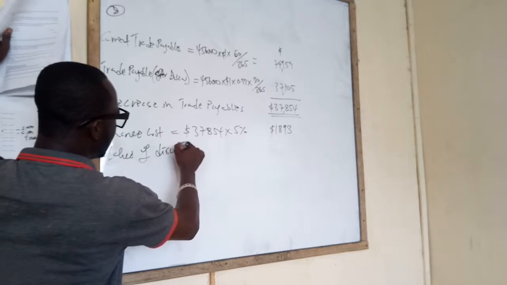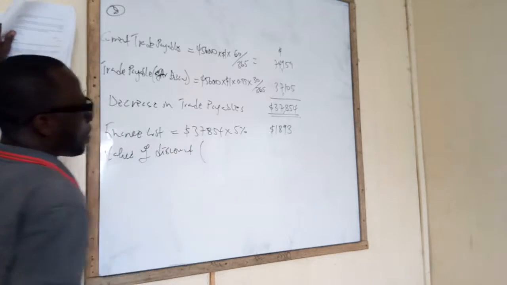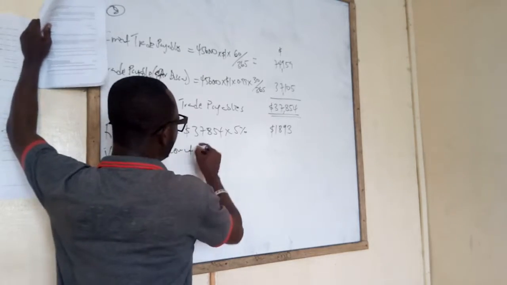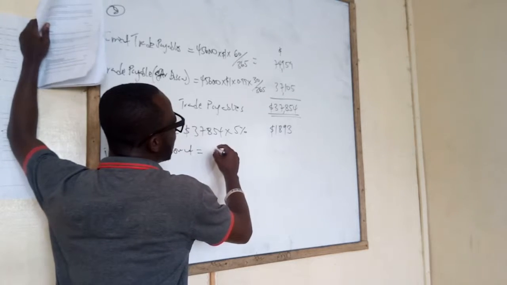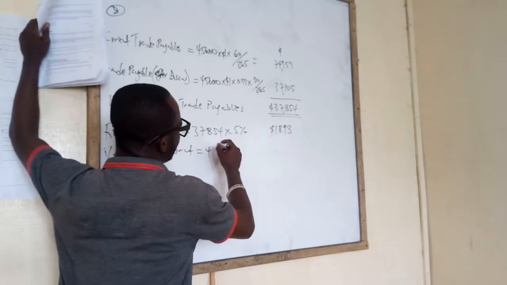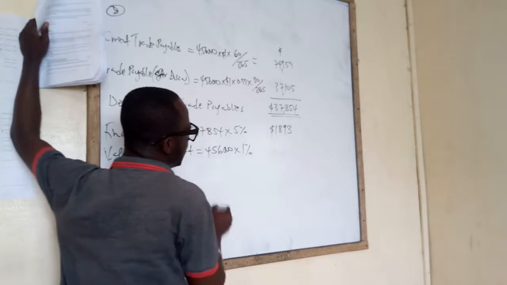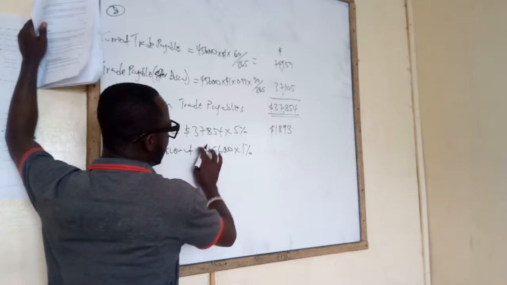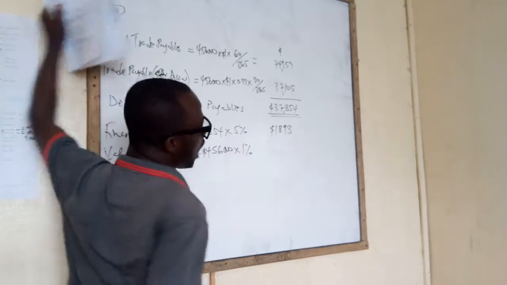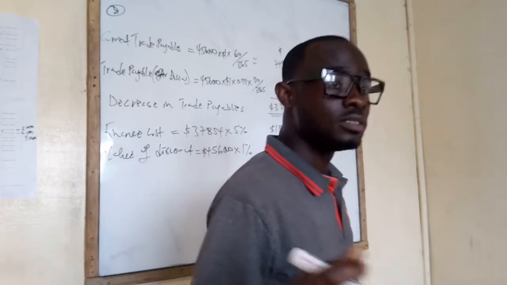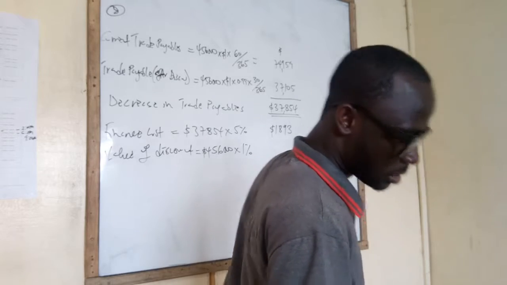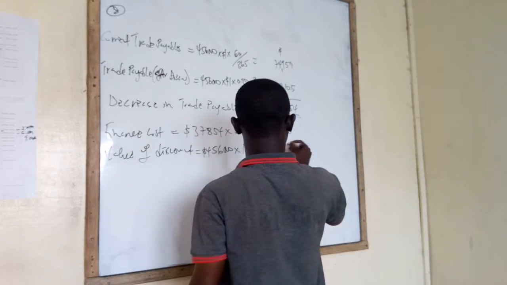How do you get the value of the discount? 456,000 times 1%, isn't it? They are giving us 1% of that figure. How much is it? 4,560.